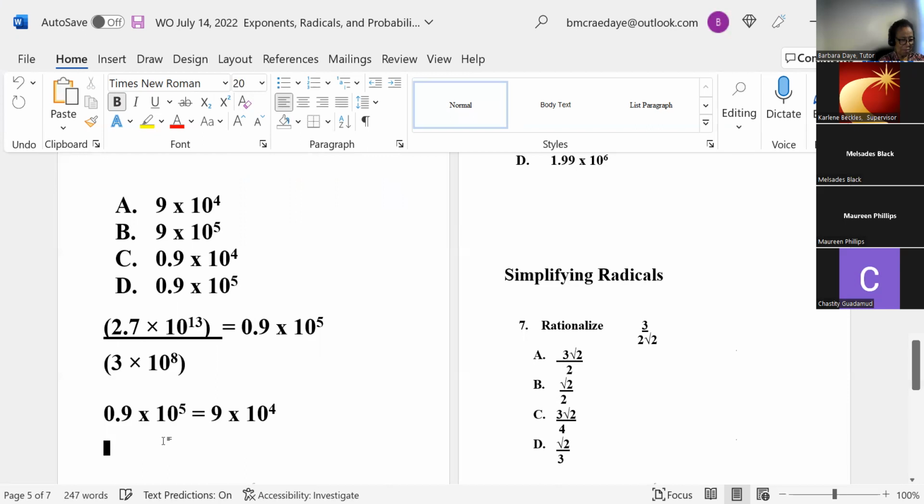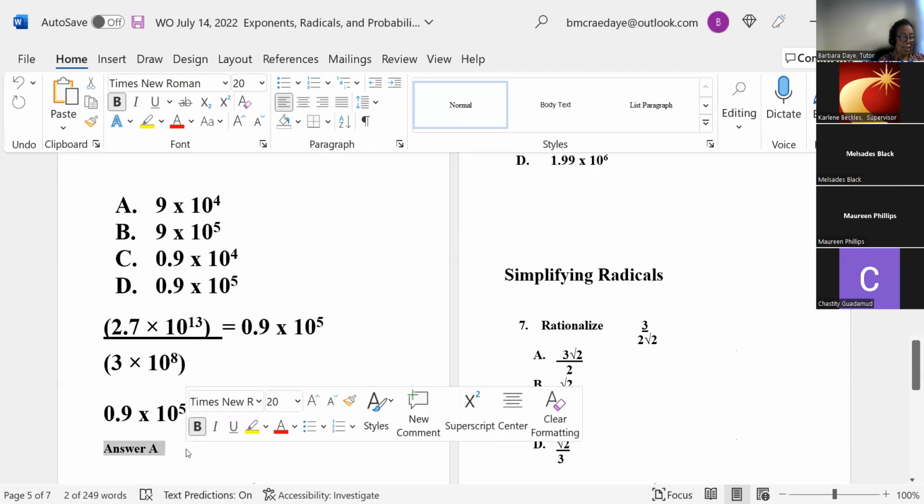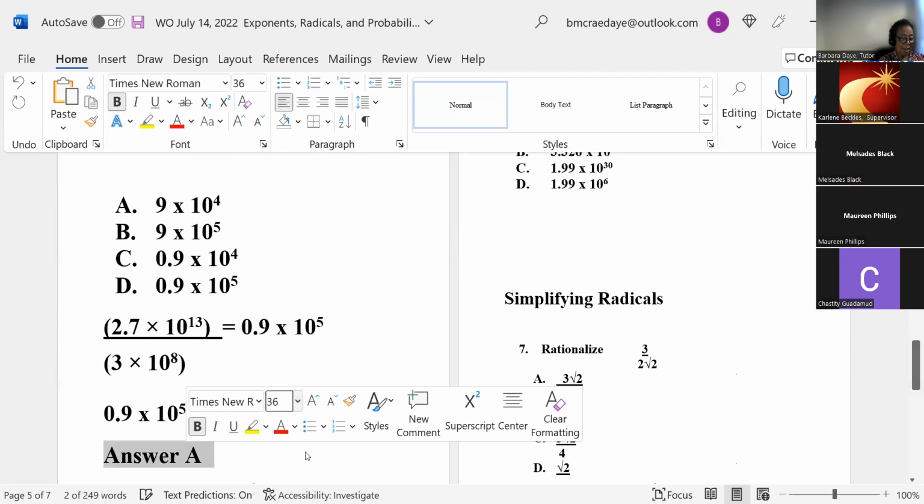So I just accept 0.9 and do the exponent. Yeah, but this is to check to see if you remember the rules of scientific notation. First part has to be a number between 1 and 10. C and D are both less than 1. Okay. You got it?